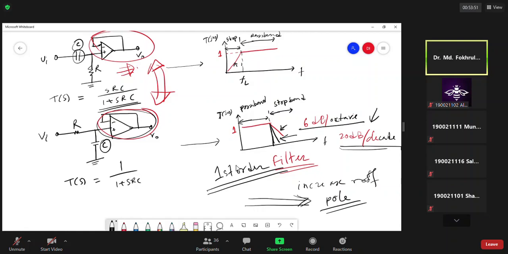So what I discussed today is only the first order low pass, high pass, band pass, and band reject. And tomorrow we'll discuss the higher order of the filter and also the generalized form of the filter: 2 pole, 3 pole, 4 pole, or more than this.